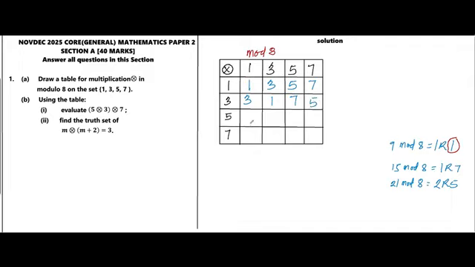5 times 1 is 5, and 5 in mod 8 is still 5. 5 times 3 is 15, and 15 in mod 8, we have already calculated that it is 7. 5 times 5 is 25, and 25 in mod 8: 8 goes into 25 three times.